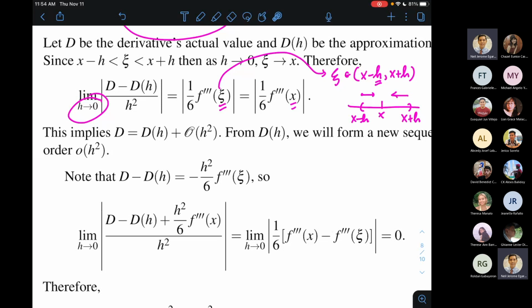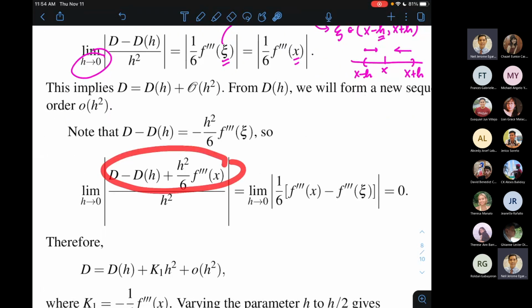Okay? And true enough, if you take the limit of this entire thing with this additional term here, which seemed out of the blue but is not, we cheated a little. I know what to add or subtract in the numerator to make it go to 0.